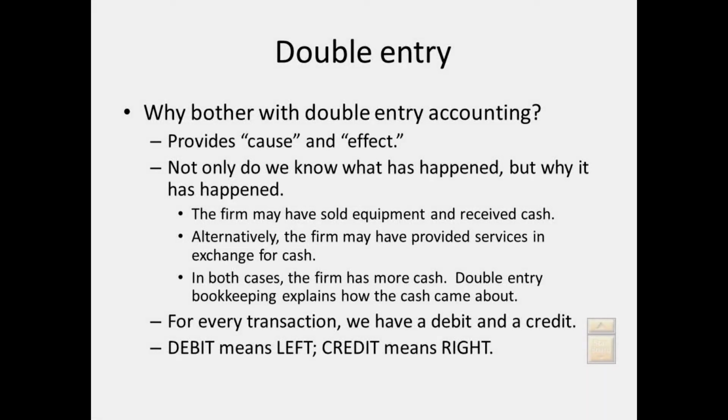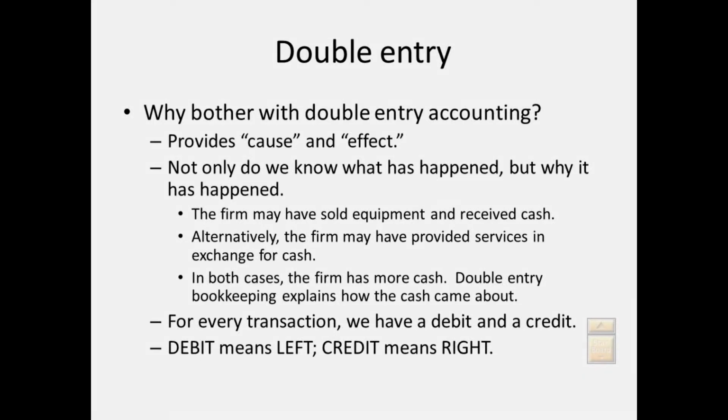So it went out and sold services to some other company, and that other company said, well, we don't have a lot of cash, but we'll pay you in machines because we make machines, sort of like a barter transaction. Well, that would be kind of a good thing, right? Because we've generated revenue and we got basically a machine in exchange. On the other hand, if we paid in cash for it, that would look different to us. It would just be swapping out one asset for another asset.